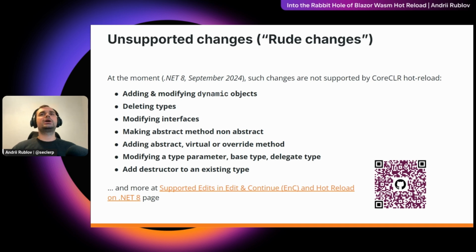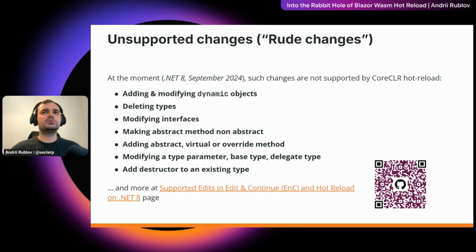Although in theory hot reload sounds like a near ideal solution, it's actually not, because of the complexity of applying some changes to a running runtime, and they may not be available. Such changes are called rude edits, and here is a list of a few important constraints in the form of changes that cannot be applied.